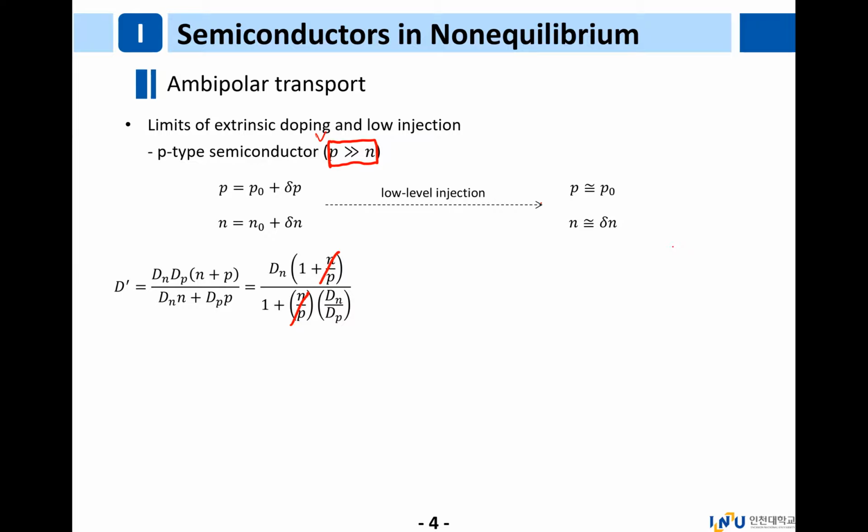So because P is much greater than N, we can eliminate these terms. As a result, only the term related to the diffusion constant for electrons remains significant.